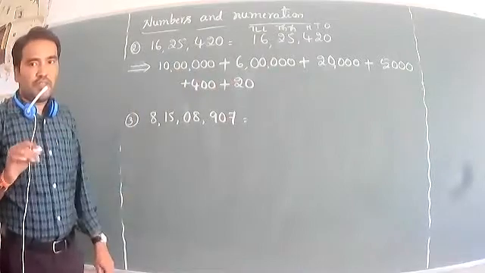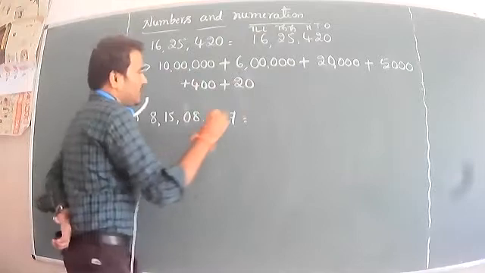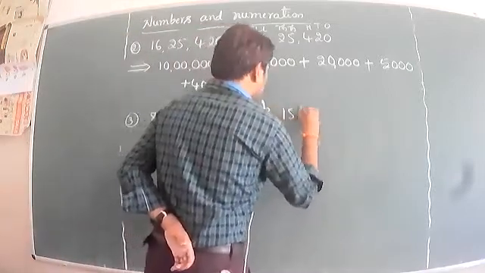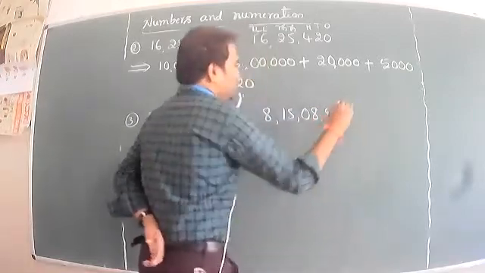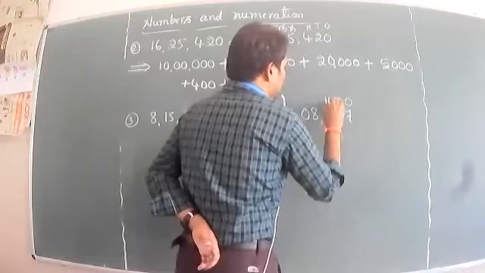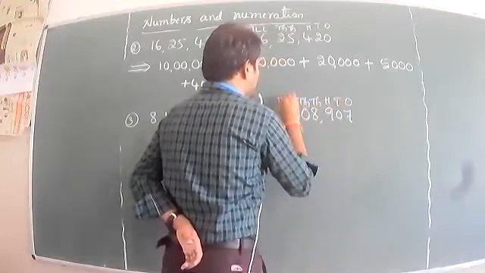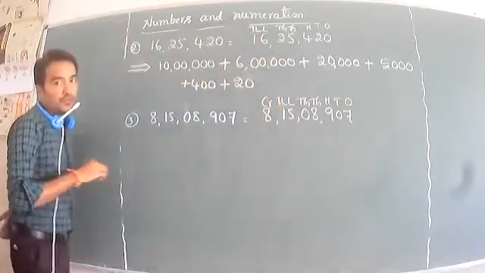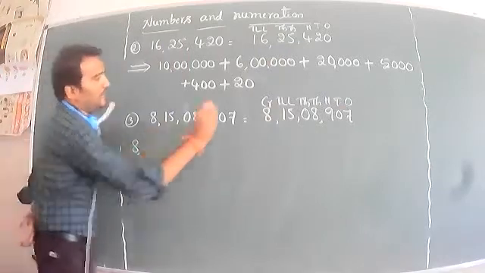Now I will go for the last example. Look at that. We have to write the place values: ones, tens, hundred, thousand, 10,000, lakh, 10 lakh, crore. Same, we should write it. Crore, 8 crore. So 8 has to be closed.